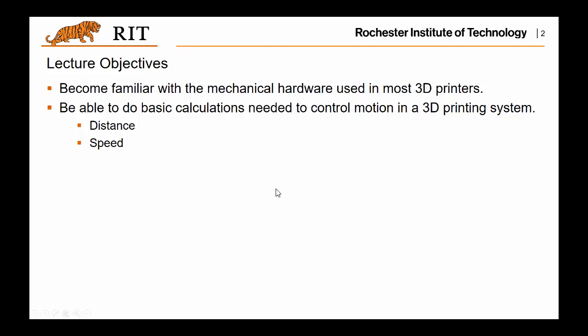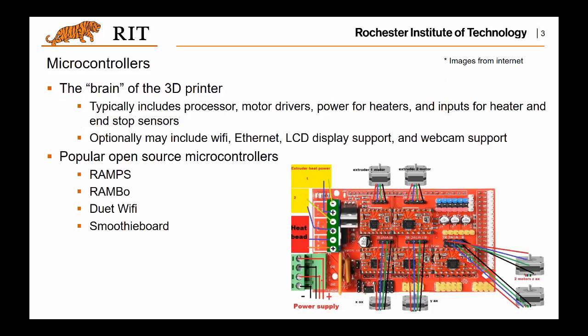And let's look at them one by one. First thing is the microcontrollers. That is considered the brain of a 3D printer, and it includes the central processor, the motor driver, some of the power management, and also the heat and end stop sensors.